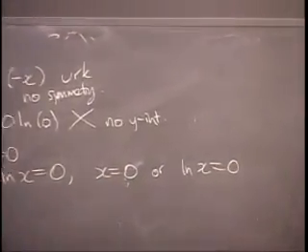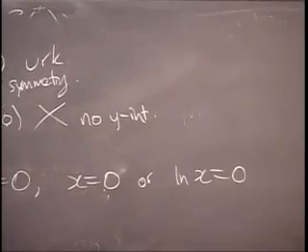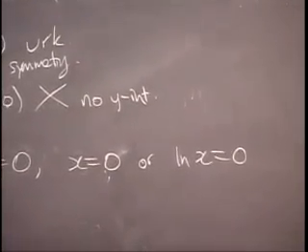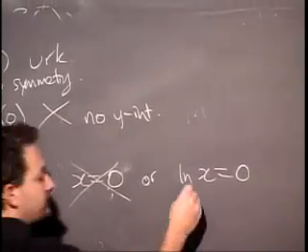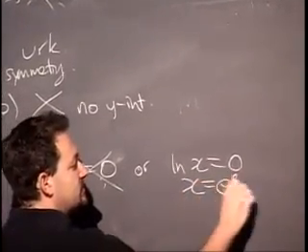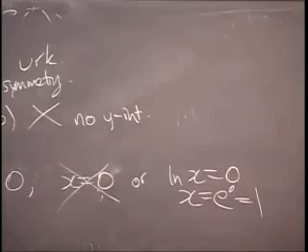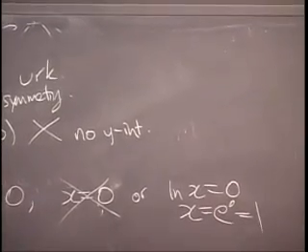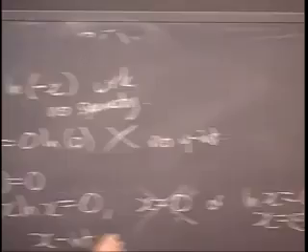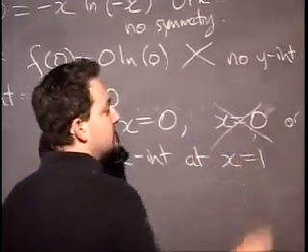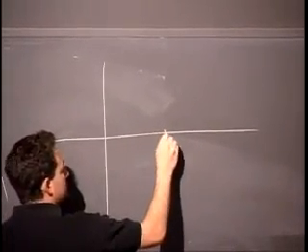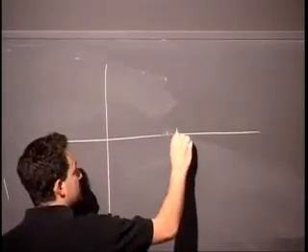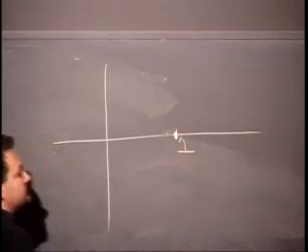Unfortunately, x equals 0 is no good, because if you plug in 0, as we saw, log of 0 is undefined. So that's not allowed. But log x equals 0 is fine, and that will happen when x is e to the 0, which is 1. Log 1 is 0. So we have an x-intercept at x equals 1. And I'm going to start drawing the graph up here. So we already know that, well, let's put it here. There's an intercept at x equals 1, so the curve goes through that point.